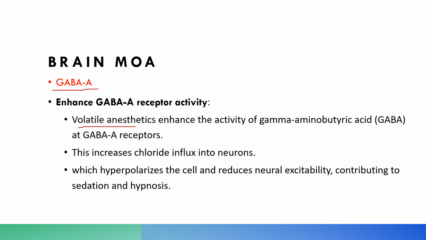Volatile anesthetics are going to enhance the activity at the GABA A receptors. Okay, this increases the chloride influx into neurons, which hyperpolarizes the cell and reduces neural excitability, contributing to sedation and hypnosis.